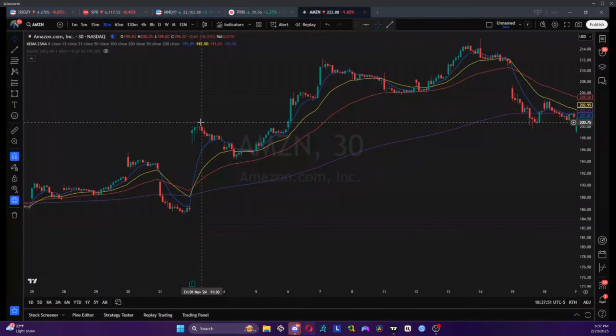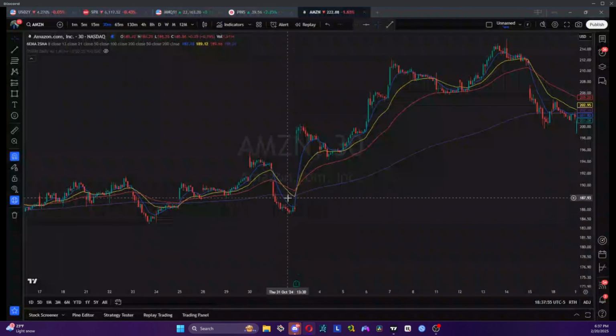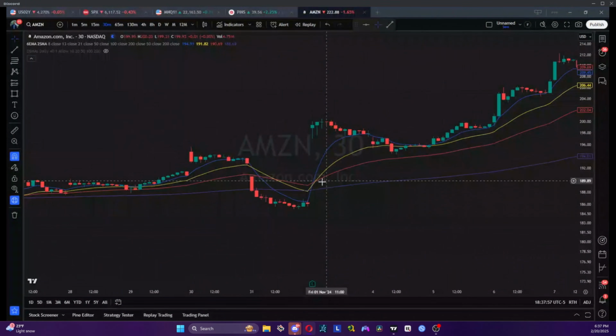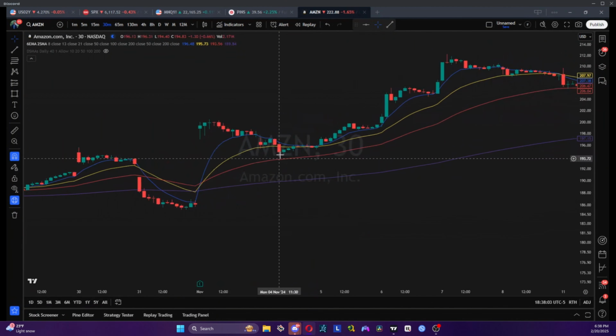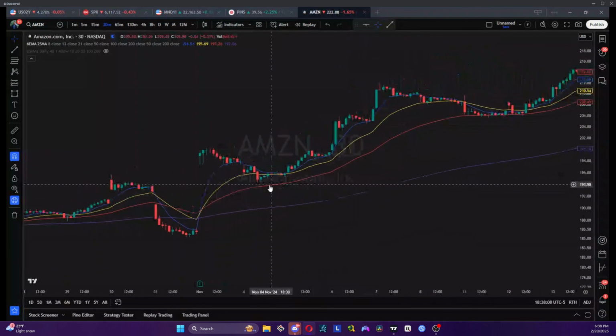Price gapped up. Price never broke below the 50. Notice how you have all these EMAs stacked together and crossing to the upside, and notice how price always maintained above the 50 EMA. We never broke a directional trend for the bullish move.